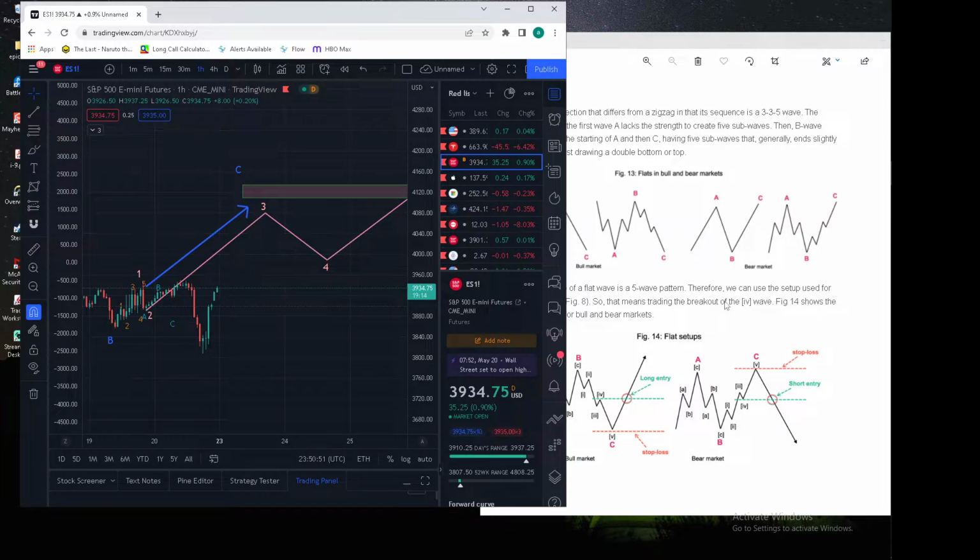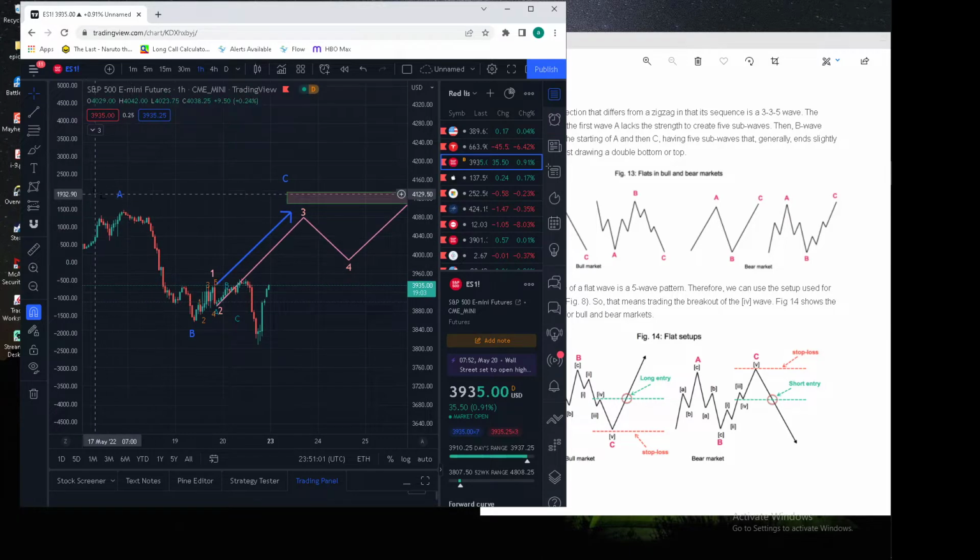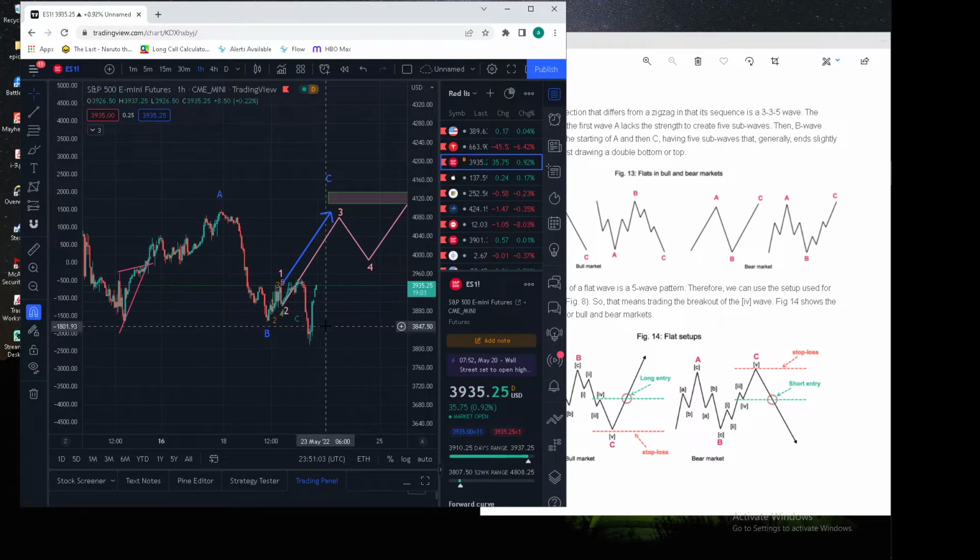So we have a flat correction in a bear market, and this is what it looks like. That is what I drew out here. And like I said, it's really nice to know every single type of pattern.